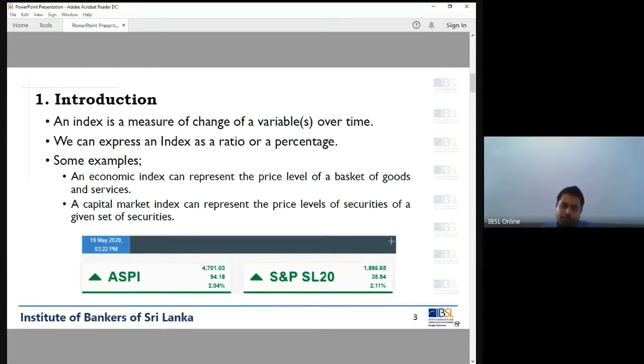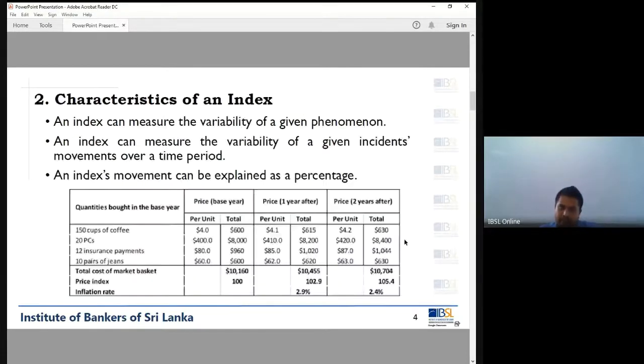Okay, let's look at some of the characteristics of an index for you to understand what these are. An index can measure the variability of a given phenomenon. The examples that we discussed comprise price indices and inflation indices.